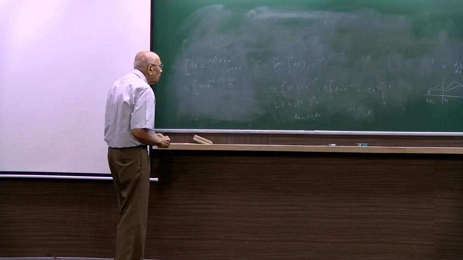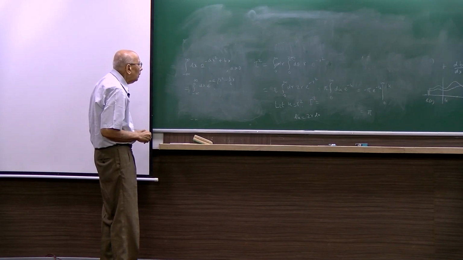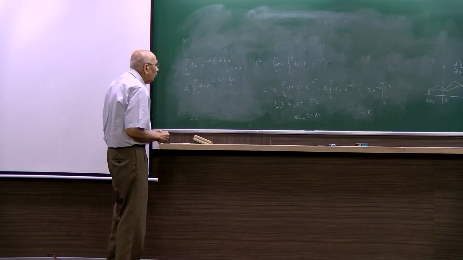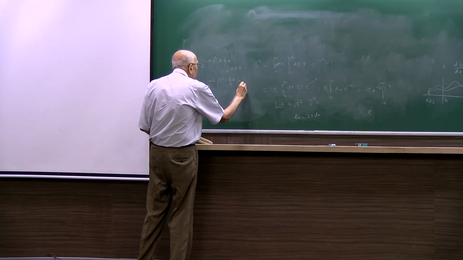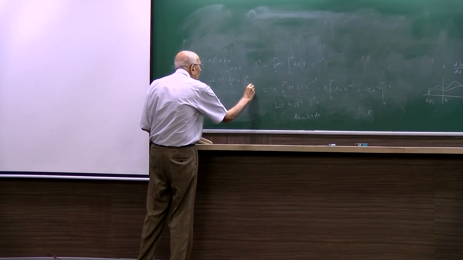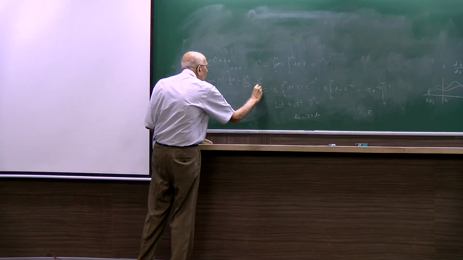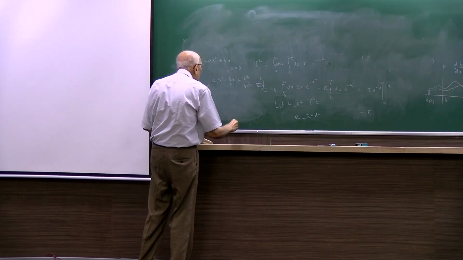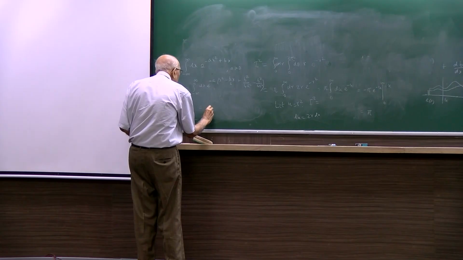What do I do next? What's the completion of squares? What do you get here? So you pull that out.